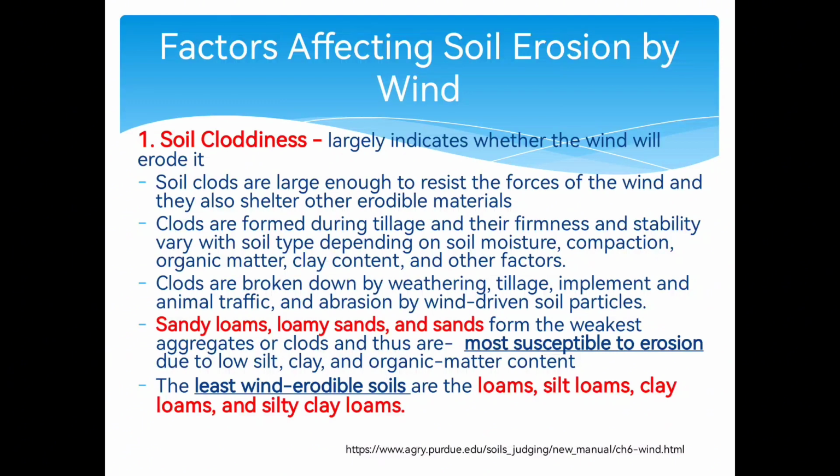And then through weathering, tillage and implement and animal traffic and abrasion and wind-driven particles, the clouds are broken down. So the sandy loams, loamy sands, and sands form the weakest aggregates or clouds, and thus they are most susceptible to erosion due to low silt, clay, and organic matter content.